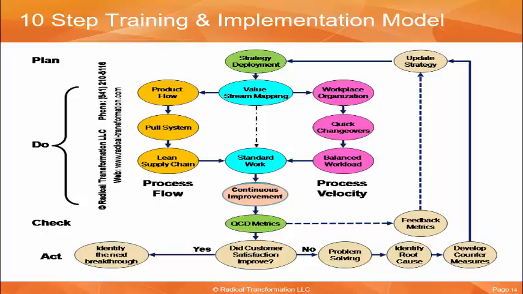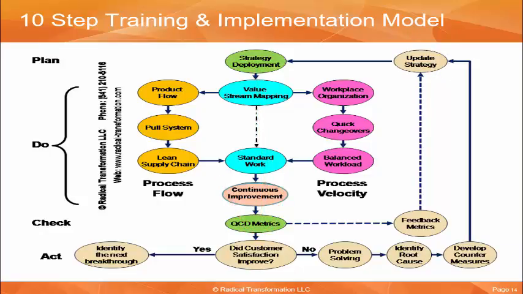If the answer is no, the customer wasn't satisfied and it didn't improve, then we have to go into problem solving and then look at the identification of the root cause and then develop countermeasures, which will then be fed back up to the top. We update the strategy and then start the process again to understand where the failure was.